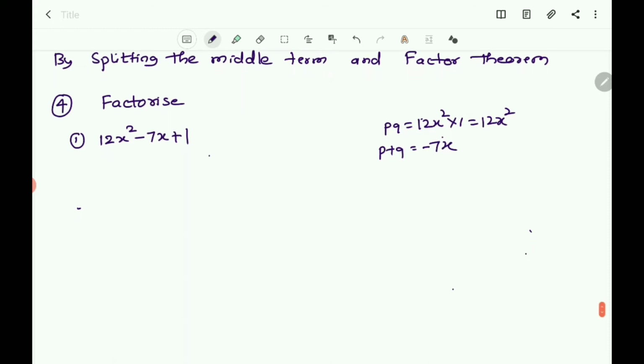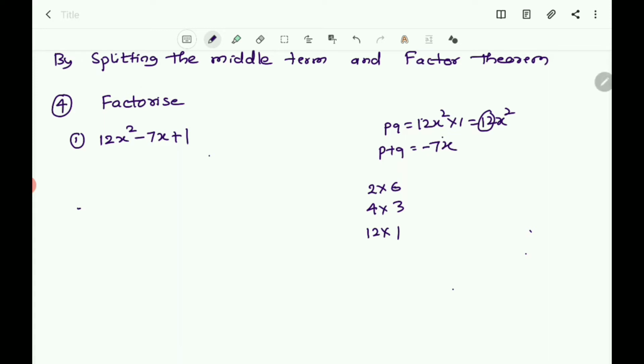Then here you must observe the factors of 12. So you have to observe in which table 12 is there. So that is 2 into 6 is 12 or 6 into 2 is 12, and also 4 into 3 is 12 and 1 into 12 or 12 into 1. Here 12 is in the table of 2, 6, 12 and 3 and 4.